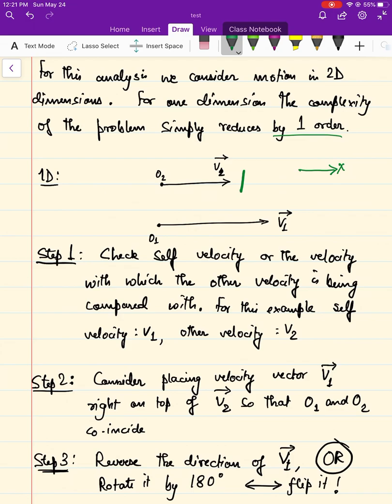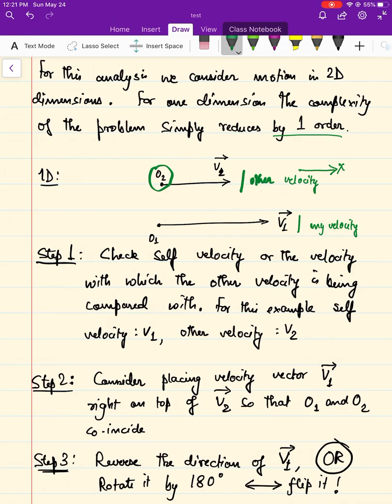So for this direction, we see that v2 has a velocity with starting point O2, and v1 is my velocity. So this is my velocity, or I would sometimes call it a self velocity, and v2 is the other velocity, which means that I'm interested in figuring out what is the difference between v2 and v1 in terms of relative motion.